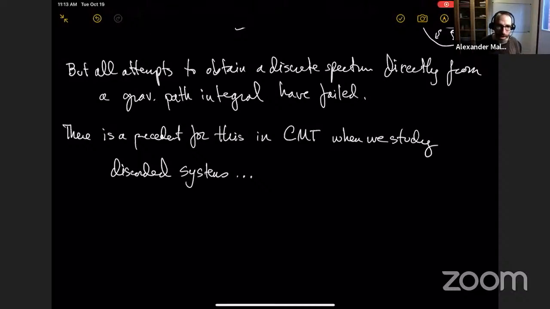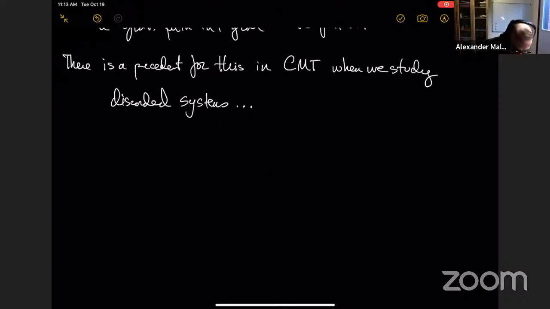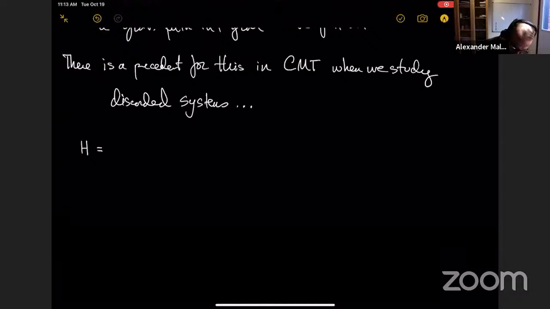Okay. In any case, when we study the physics of disordered systems in a condensed matter setting, what are we doing? Well, we're typically studying a very complicated system. So for example, you could imagine studying something like the Ising model, where we have a bunch of spins that are interacting pairwise.